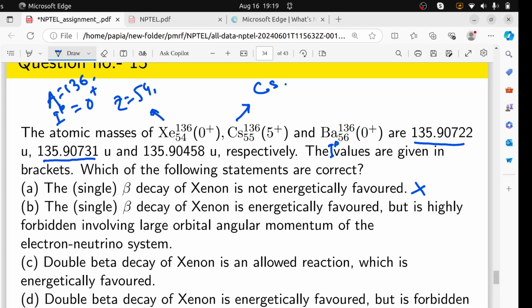Is it understandable? Energetically favored means the mass of the parent particle should be at least greater than the mass of the daughter particle. Here the mass of the xenon is not greater than the mass of cesium. So xenon cannot decay to cesium through beta minus decay, single decay.